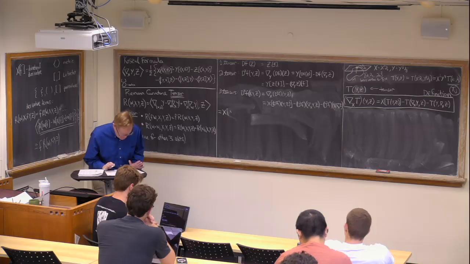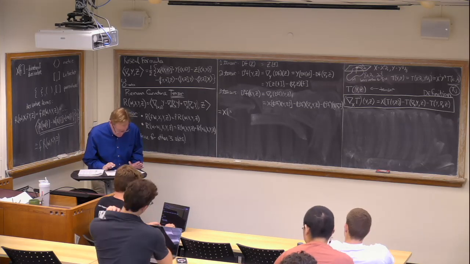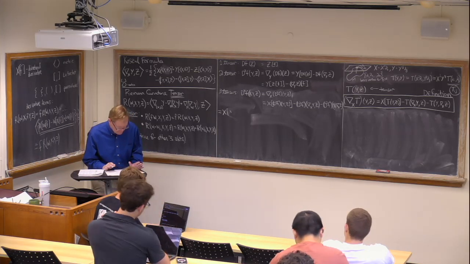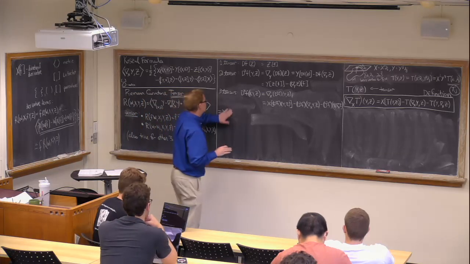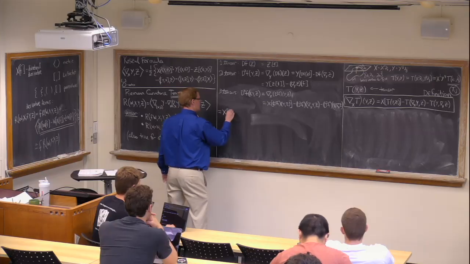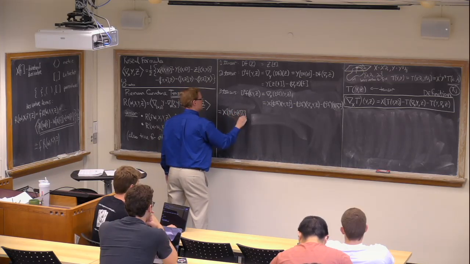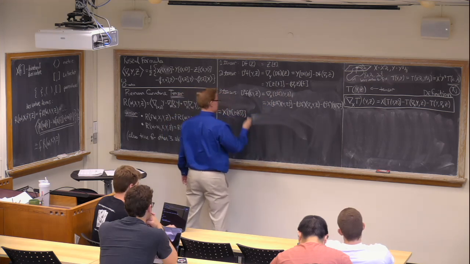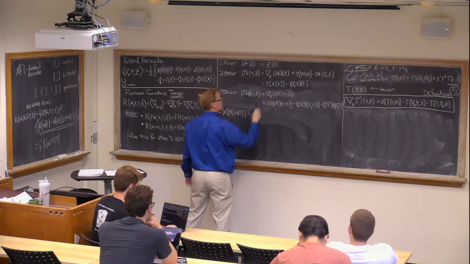I'm going to go ahead and distribute this. So it's x of this. So the first term is going to be x of y of z of f, right? And then minus x of that.